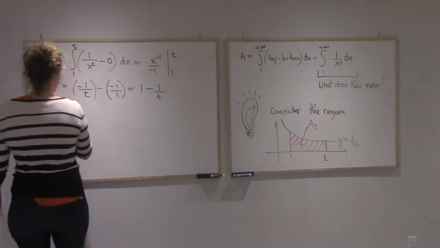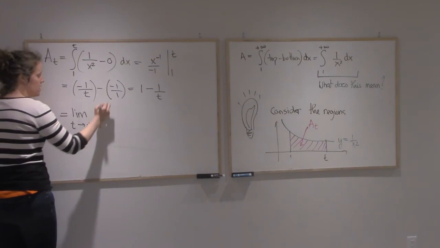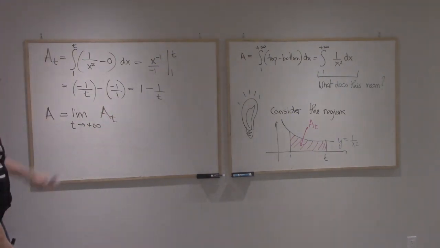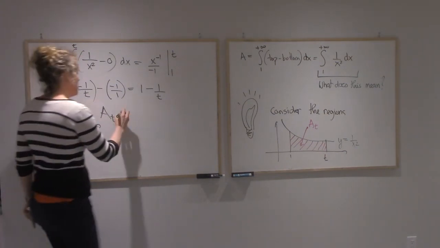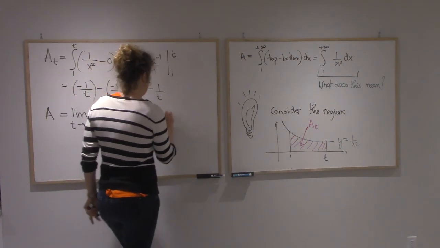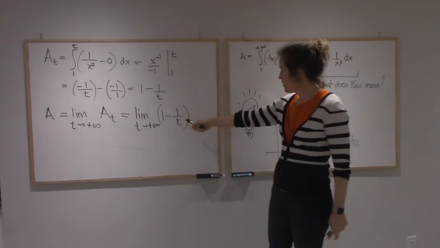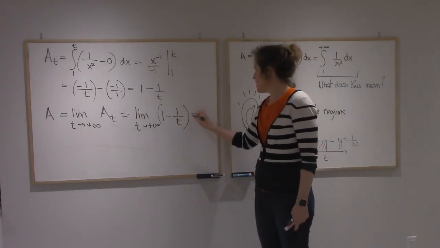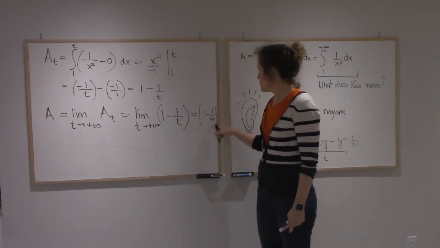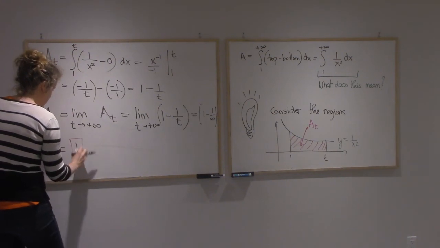So A is the limit as t goes to positive infinity of A of t. So it's the limit of 1 minus 1 over t. That's 1 minus 1 over infinity. This will be 0. And I get a nice finite area of 1.